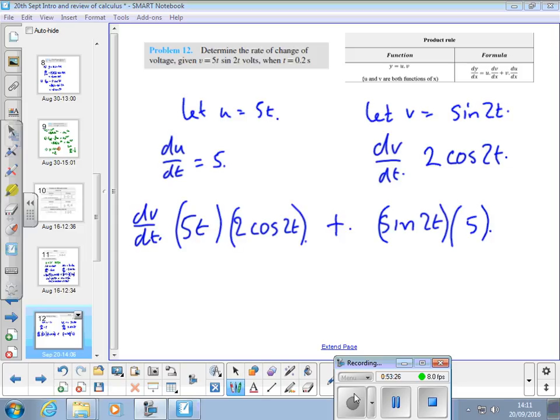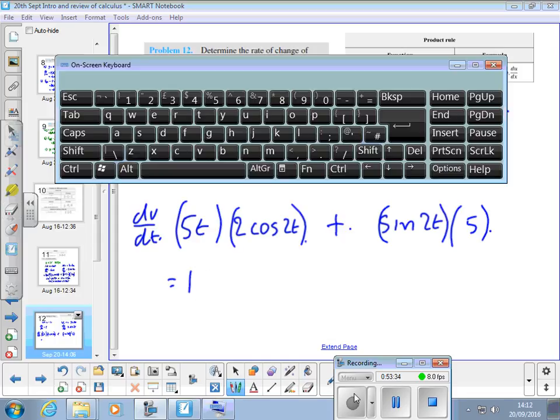And that simply multiplies out to 10t cos 2t plus 5 sine 2t.